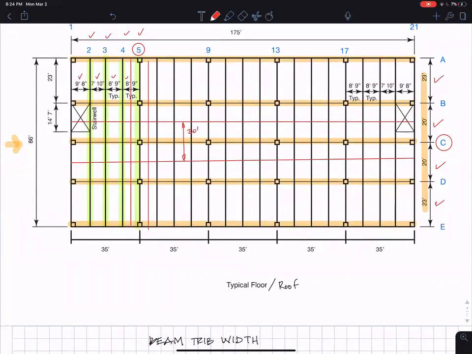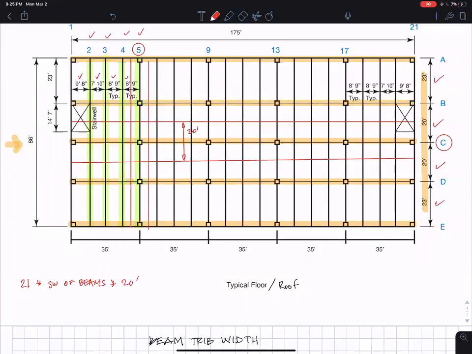The total weight of the green beams, there's 21 beams times the self-weight of the beams times a length of 20 feet.